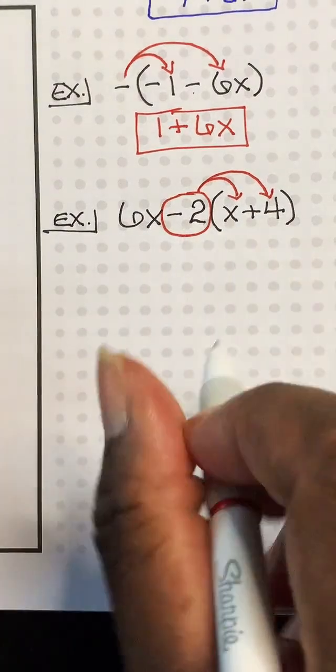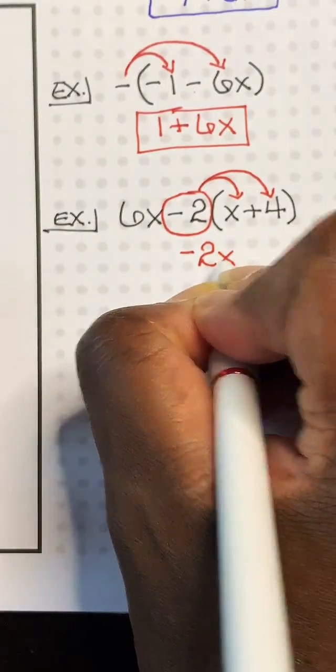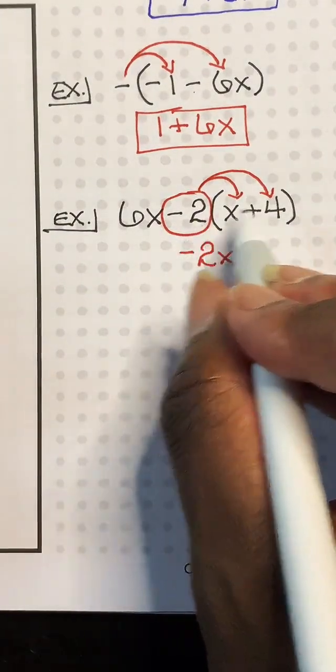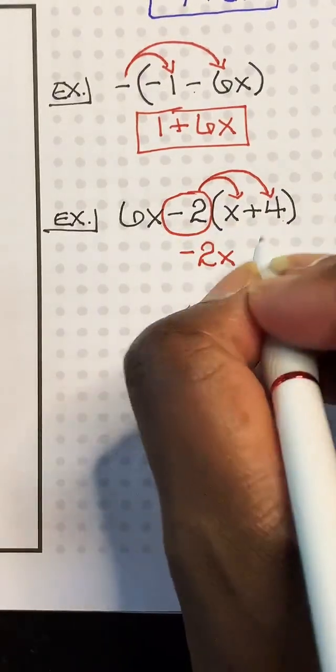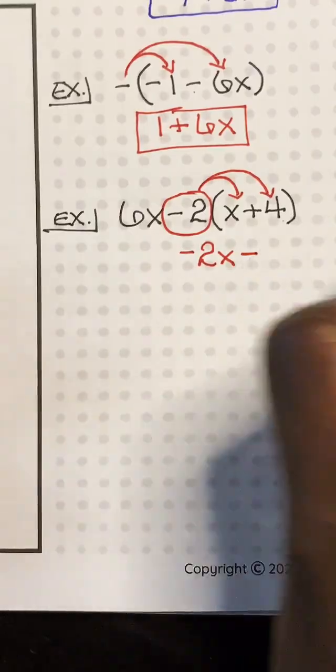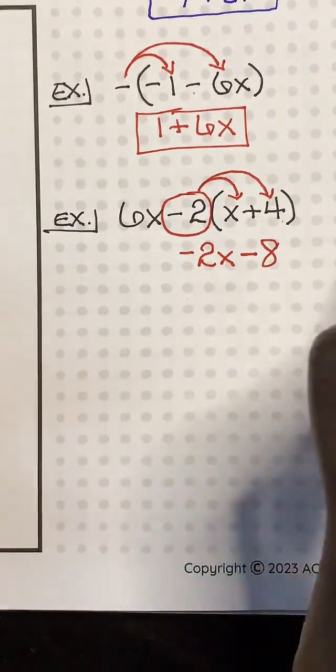Negative 2 times x gives me negative 2x. Negative 2 times a positive 4, when the signs are opposite, your answer is always going to be negative. And then the 2 and the 4 give me my 8.